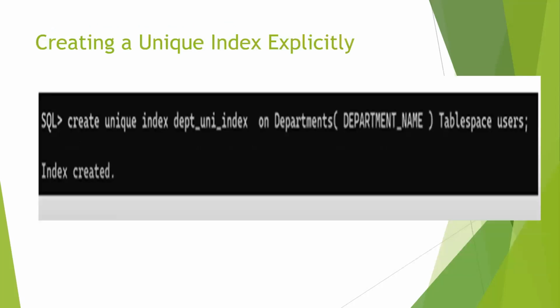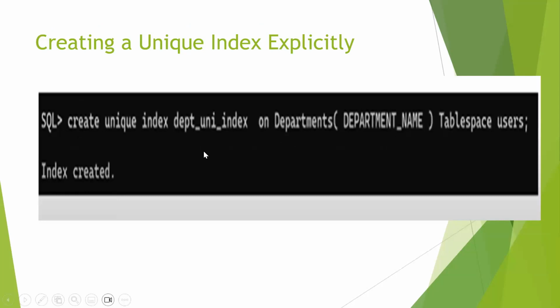Okay, now creating a unique index explicitly. How can we create the unique index explicitly? Since we are going to create another index, we'll start with the DDL command, the specific word CREATE, right?